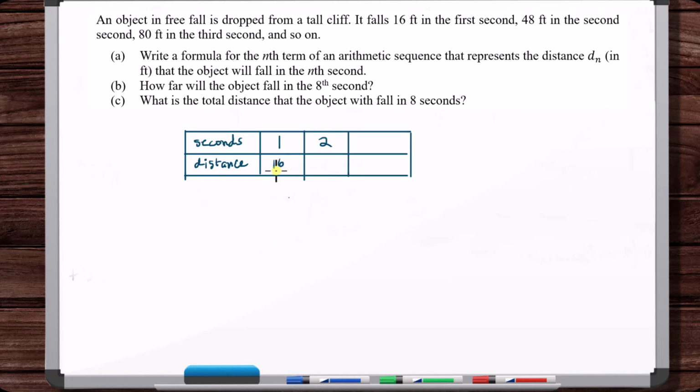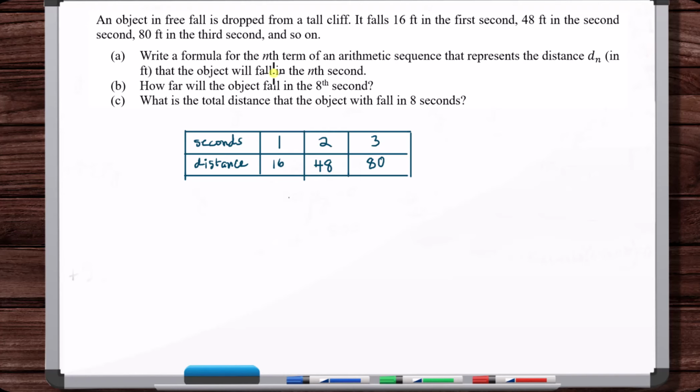And then from 1 second to 2 seconds, it falls 48 feet. And then from 2 seconds to 3 seconds, it falls 80 feet. I believe that's what it's saying. It's not saying after 3 seconds it's fallen 80 feet. It's saying in the third second, it falls 80 feet.